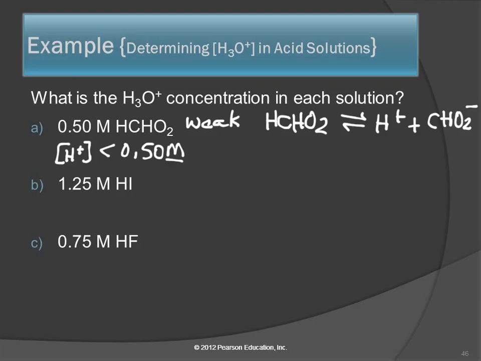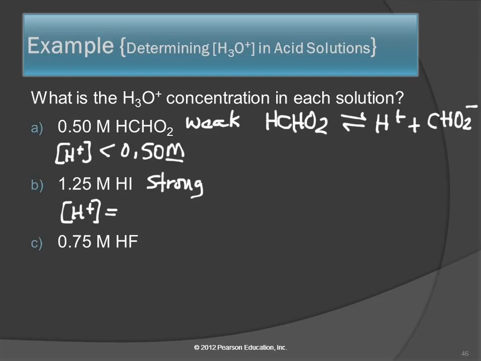That's a strong acid. So strong acid ionizes completely. So all of those are going to come apart. If we have 1.25 moles per liter HI and they all come apart, how many moles per liter of the H do we have?